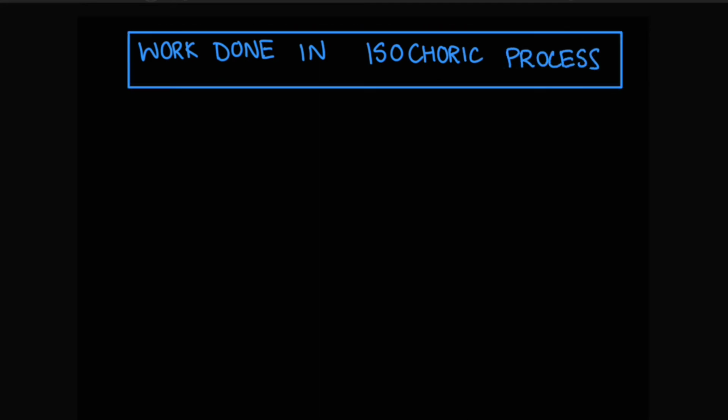Now, in an isochoric process, we know that the volume remains constant. And if the volume is constant, we have that work done W is equal to the integration of P dV. Since volume itself is constant, the entire work done is basically zero, since there is no change in volume.